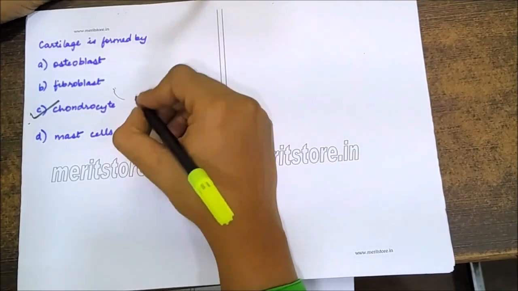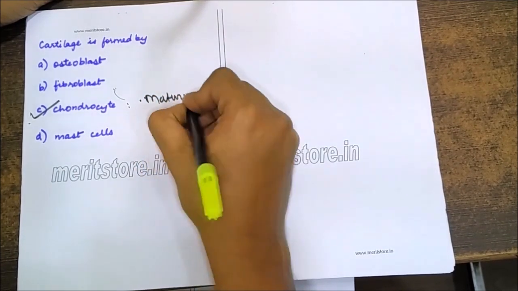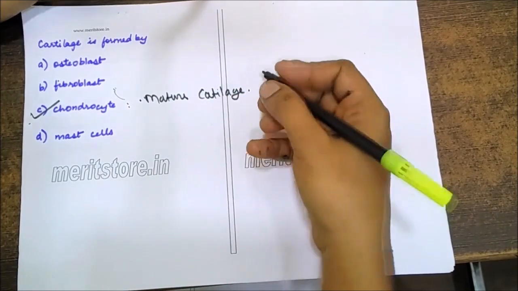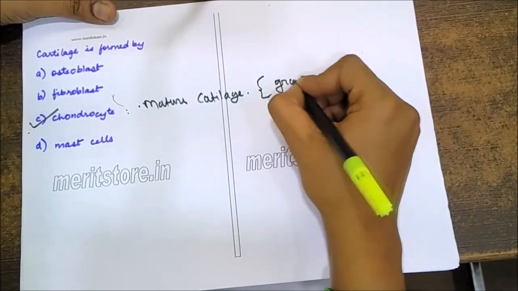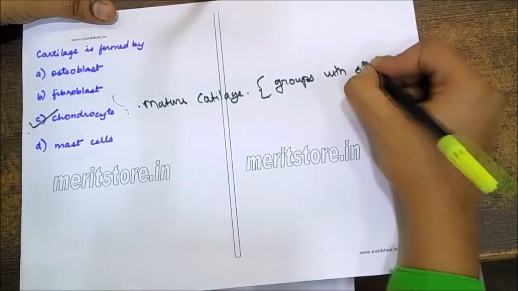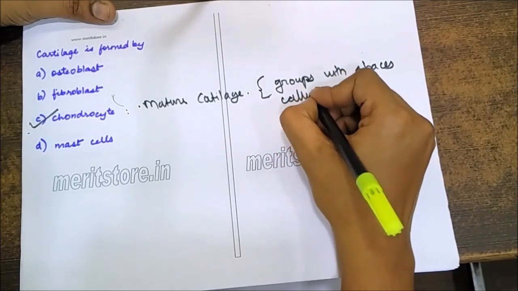Okay. Now what are these chondrocytes? These are mature cartilage cells, and they occur in groups or within spaces which are called lacunae.